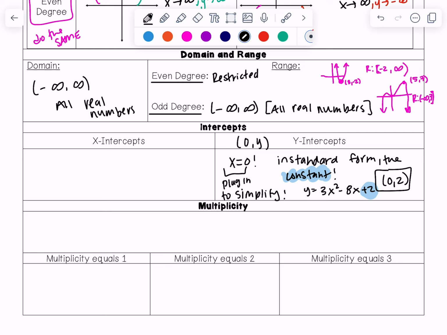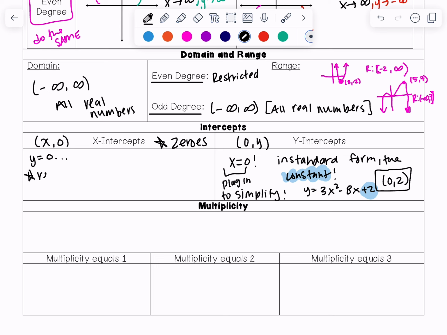On the other hand, we have our x-intercept. Another word that we've been using for this is zeros, and we even saw that earlier. So x-intercepts is the zeros. This is the opposite. This is where y equals 0. So it's always going to be some x value, 0. Once again, it's where y equals 0. More often than not, you're going to need to be able to factor to get here.